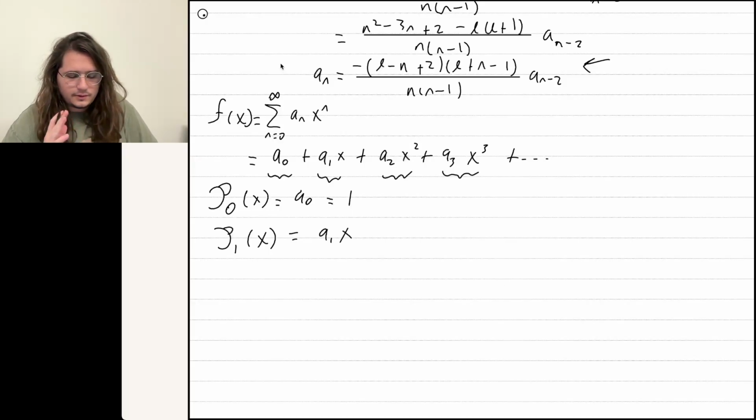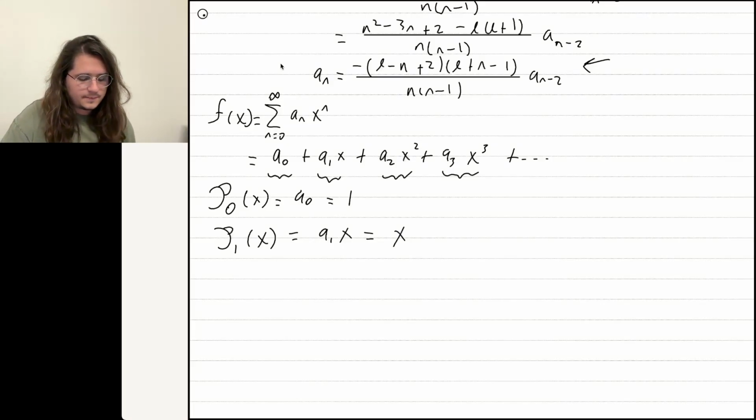You exclude the first constant because you only want an odd solution term from it. So that's going to be the first odd term, the one proportional to x. And then we also want this normalized such that the function is 1 when x is 1. So you set a1 to 1. And then the first Legendre polynomial is just x.